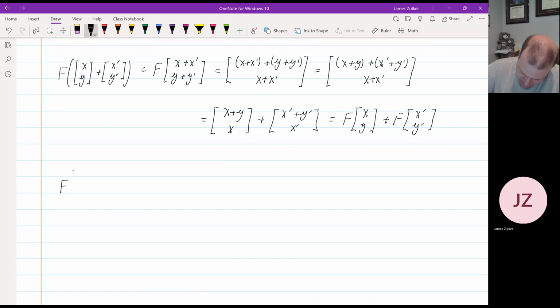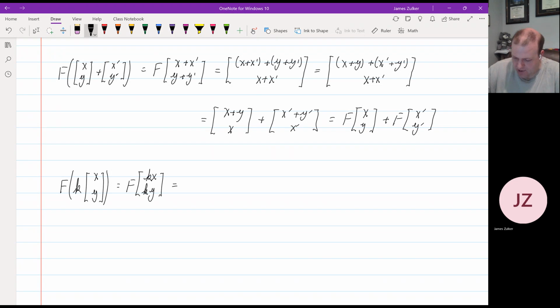Okay. Now, f of k times (x, y). By definition of scalar multiplication, this is f of (kx, ky), which by definition of f is (kx plus ky, kx).